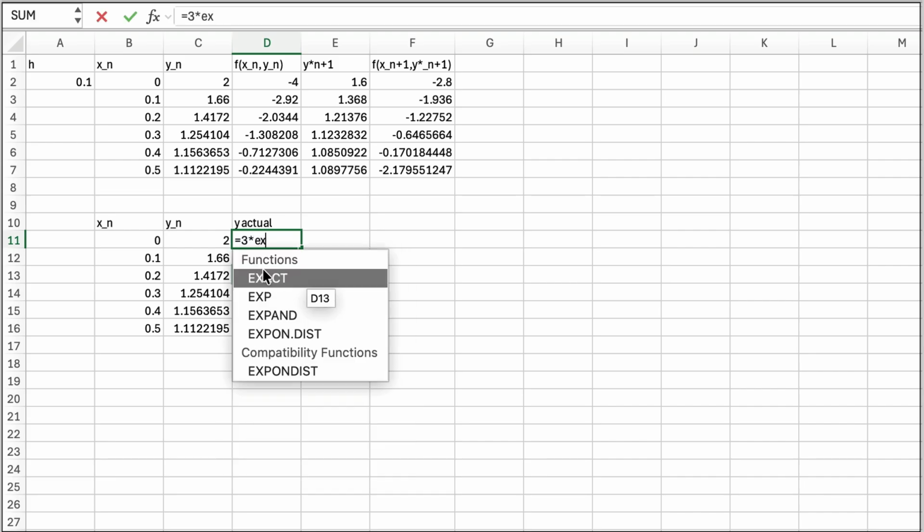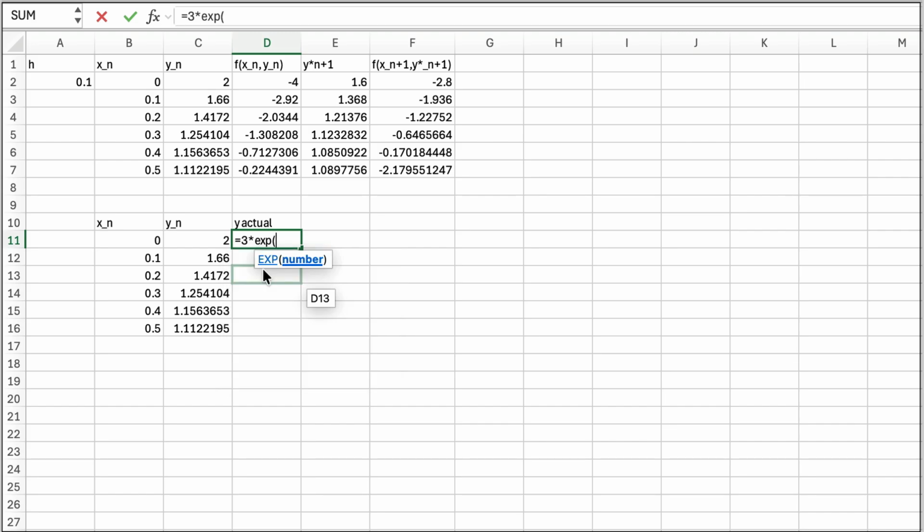All right, now we've got our actual solution, and so we can say that y actual is equal to 3 times the exponential function with an exponent of -2x, close that, plus 2 times x minus 1. Of course, the first actual value is spot on.